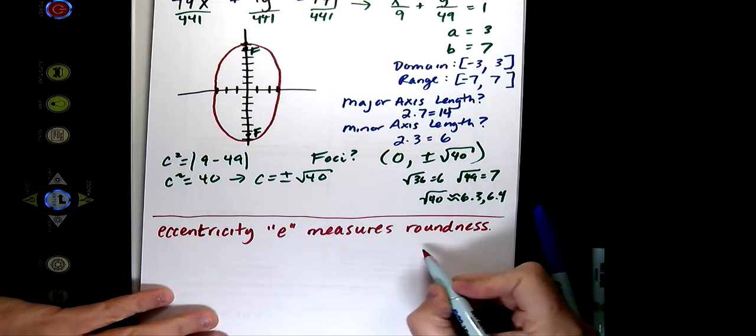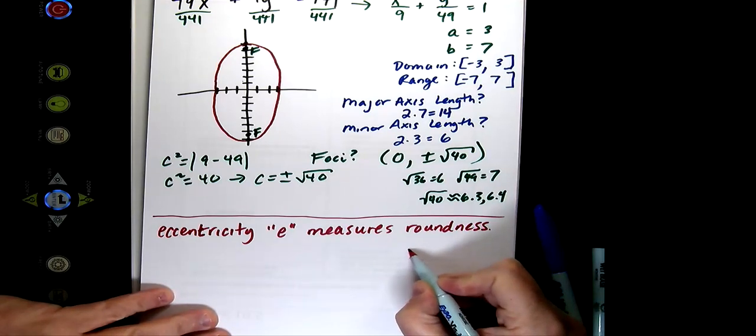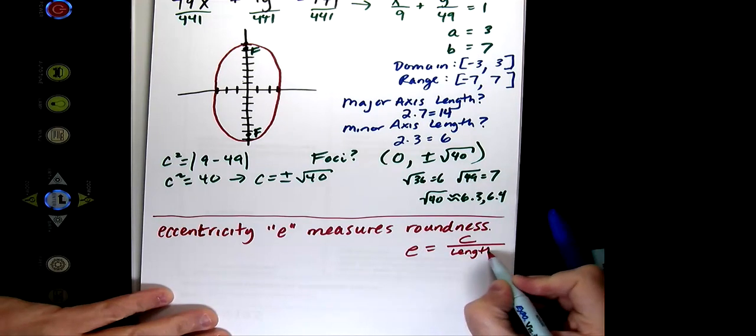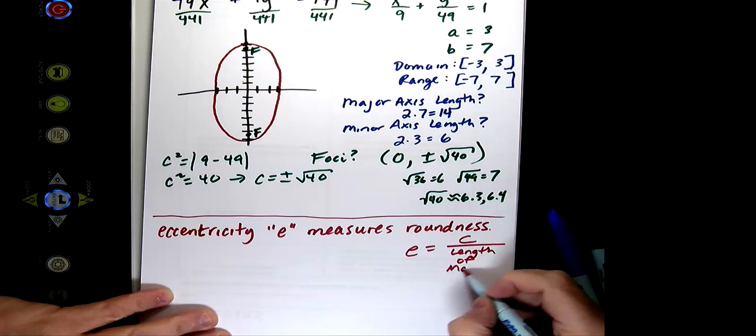E is always C over the length of the major axis.